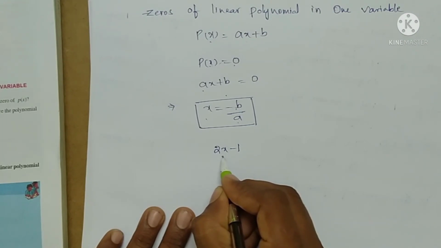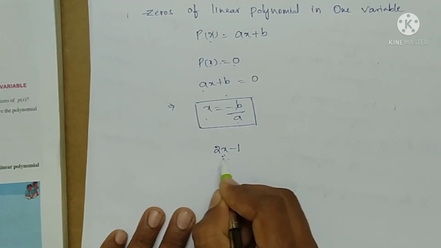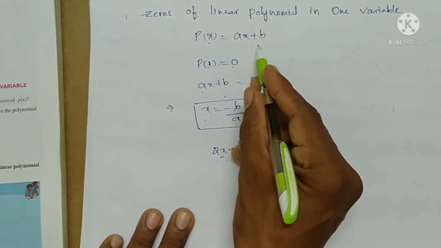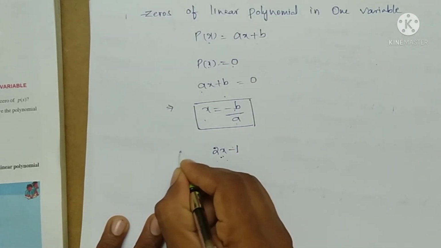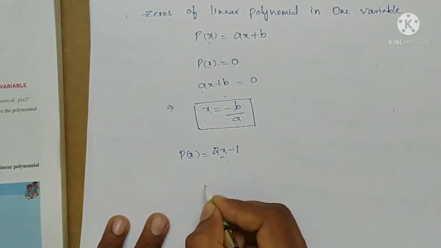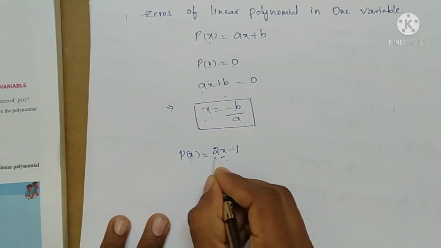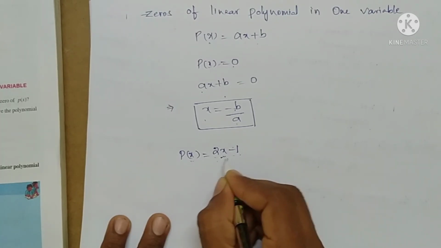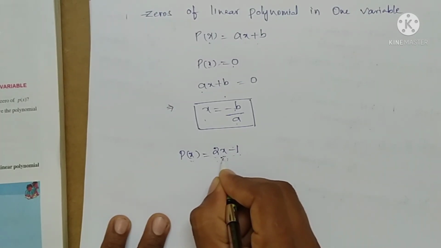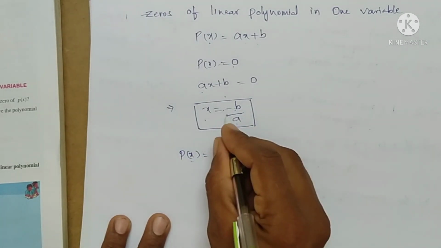The degree of x is 1, right? It is of the form ax plus b. Here the variable is x, and the polynomial is 2x minus 1. So this is a linear polynomial. We can find this linear polynomial's zero by using this formula.